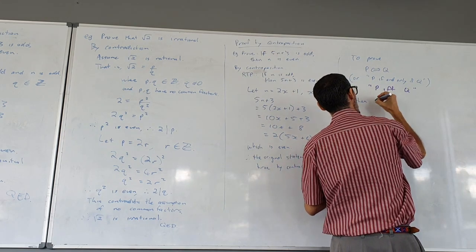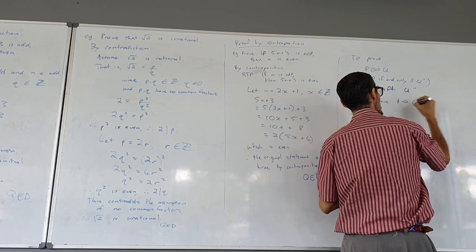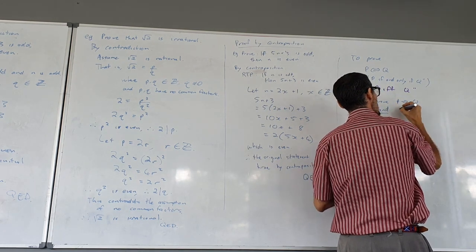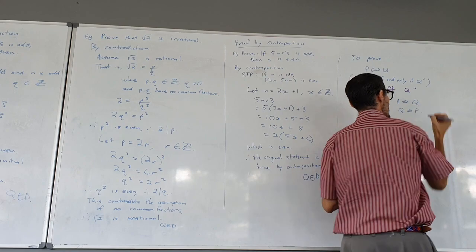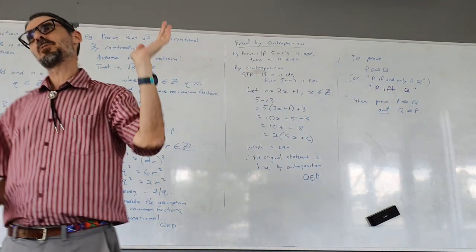Then prove both ways: p implies q and q implies p. Just do the proof in one direction, then prove the other direction.